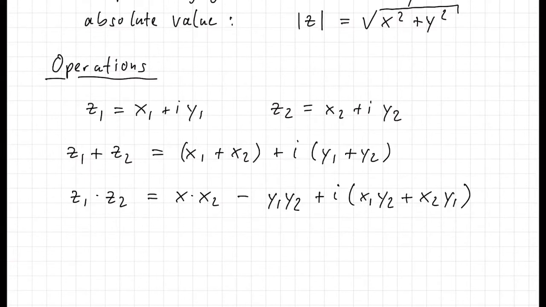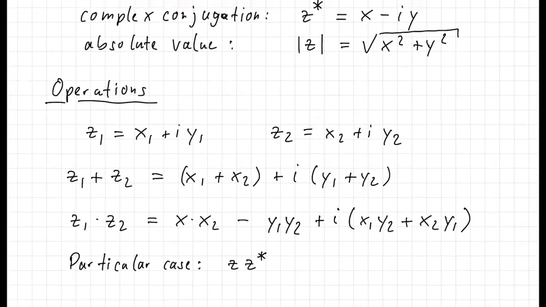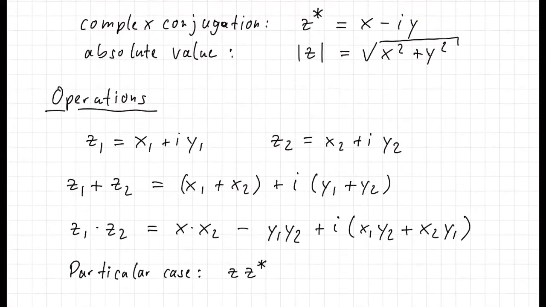There is one particular case that is interesting, and that is if we multiply z with its complex conjugate. If you remember how the complex conjugate was defined, then when we apply this multiplication, in the formula for the multiplication the cross terms drop out.